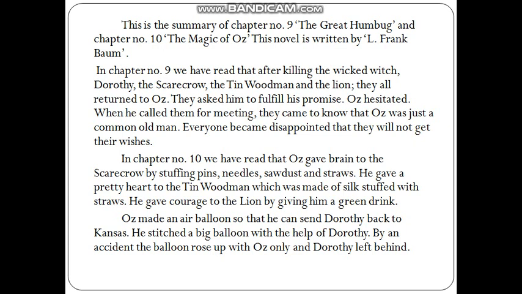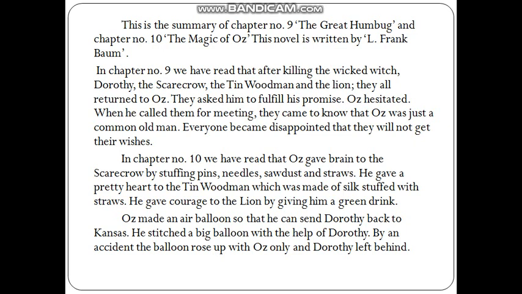You don't need to write it individually that the Tin Woodman was disappointed because he would not get the heart, the Scarecrow was disappointed that he would not get the brains, and for others, right? But I have summarized everyone's wish in one sentence that everyone became disappointed that they will not get their wishes, right? It was all that we have learned in chapter number 9.